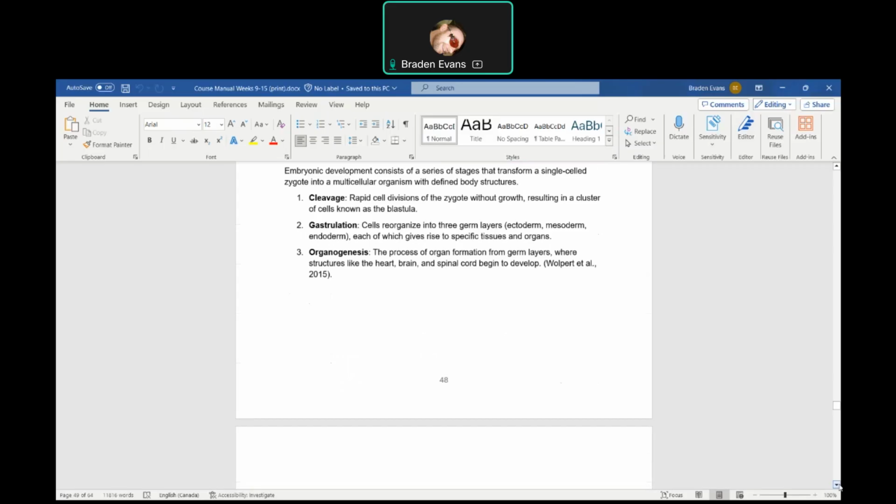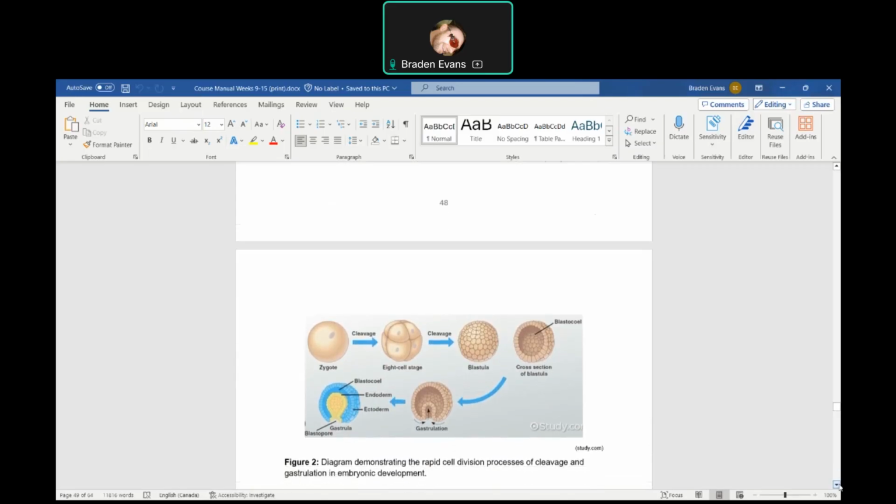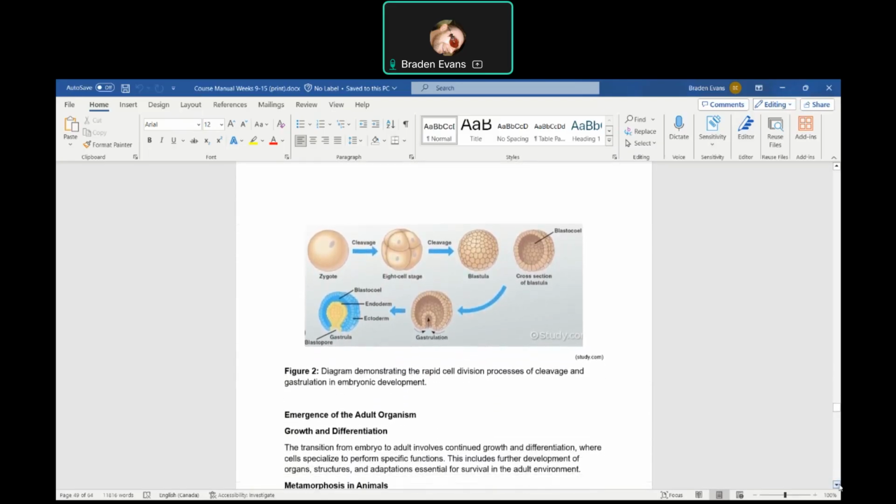You now have the formation of distinctive tissues, right? Different parts of the body start to form, arising from these germ layers that develop during gastrulation. Now you start to get this little heart and this brain and different things developing within the embryo. Amazing stuff.